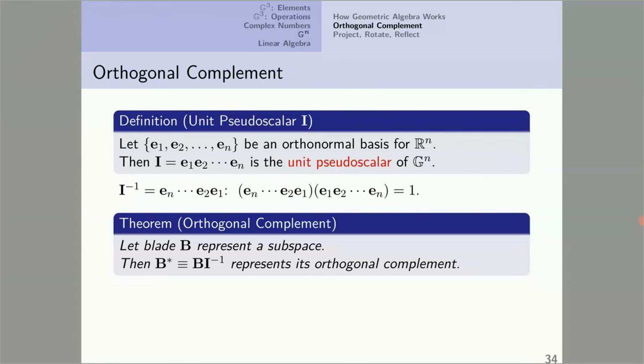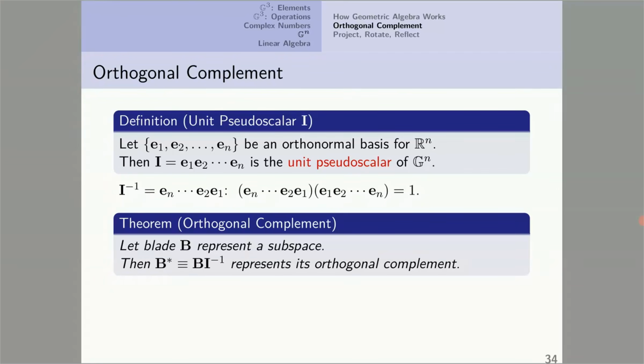Here we have an example of an algebraic operation on blades, multiplying by I inverse on the right, representing a geometric operation on the subspace represented by the blade. That geometric operation being taking the orthogonal complement.